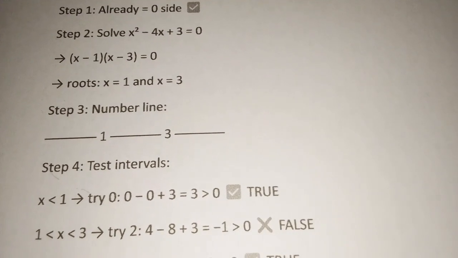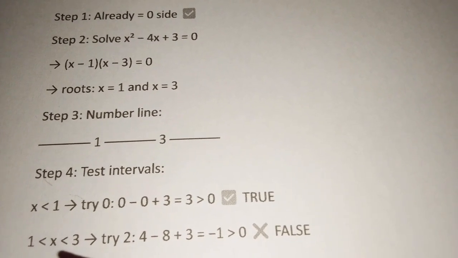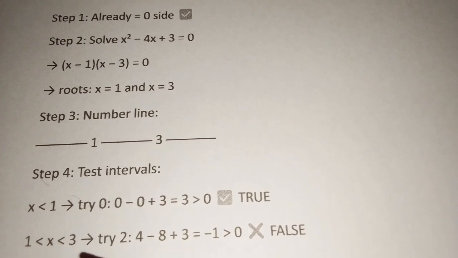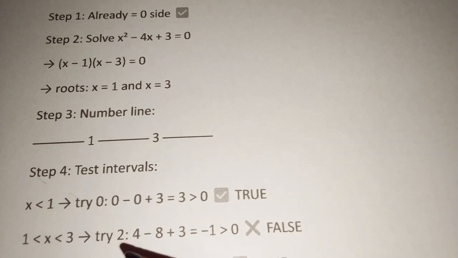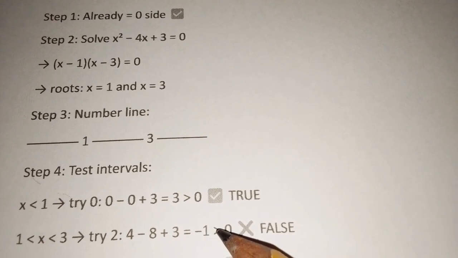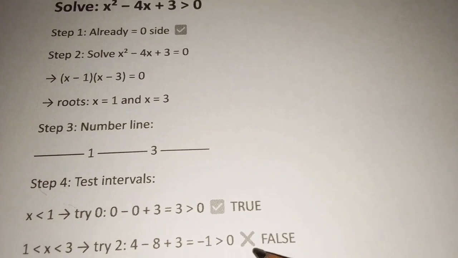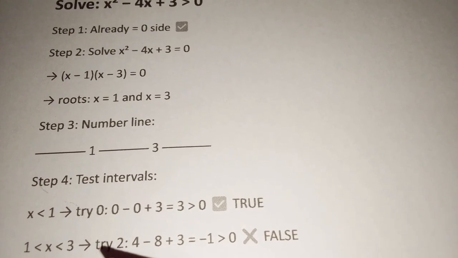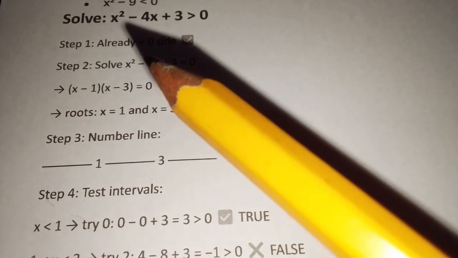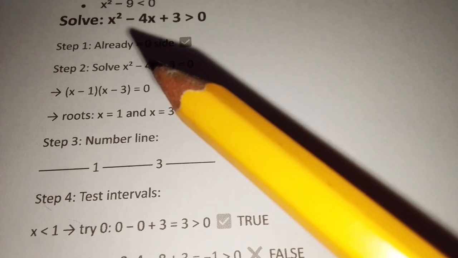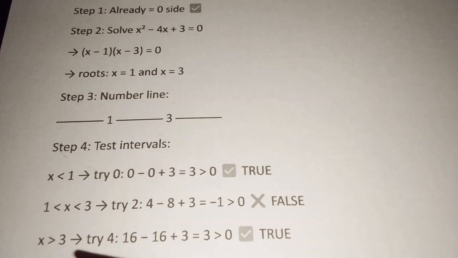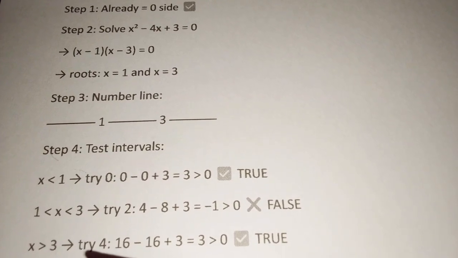What if x is greater than 1 but less than 3? Try 2. If we use 2, it becomes 4 minus 8 plus 3 is equal to negative 1. Negative 1 is greater than 0, so this is false. Next, what if x is greater than 3?